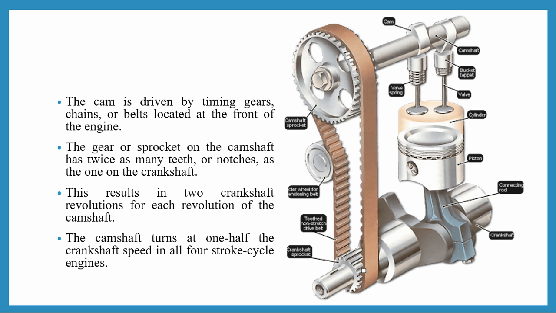So this is the gear or the sprocket of the camshaft, which has twice the number of teeth or notches as the one on the crankshaft. Assume there are 25 notches on the crankshaft sprocket. Obviously the gear or sprocket of the camshaft will have 50 notches.